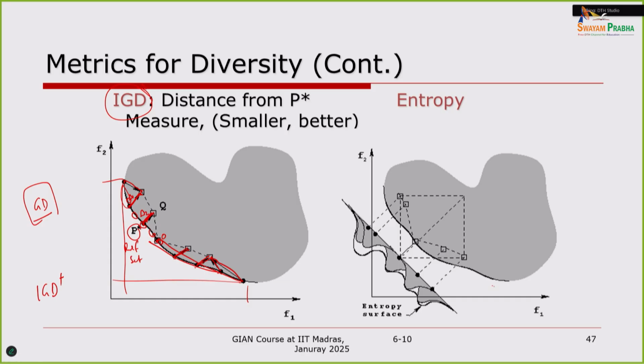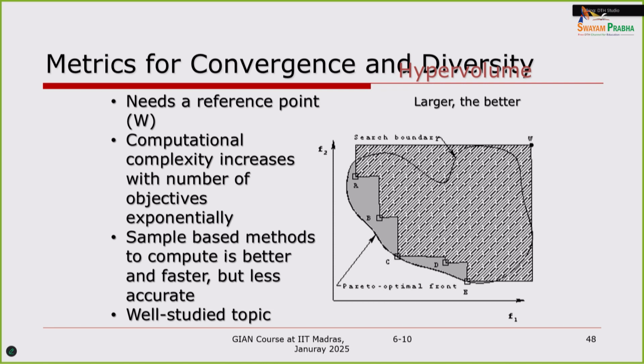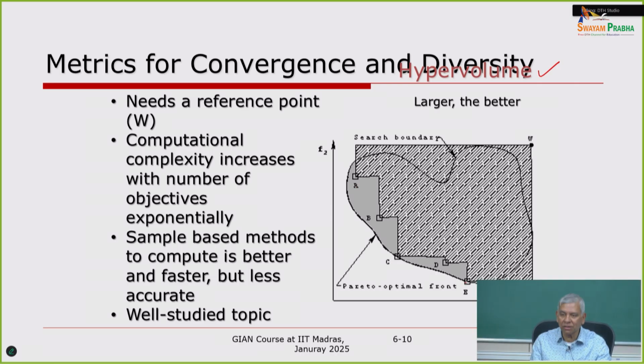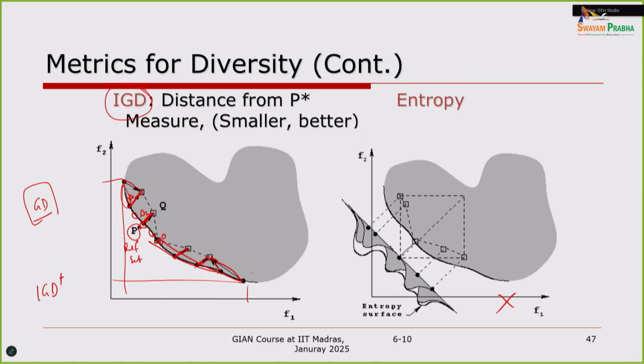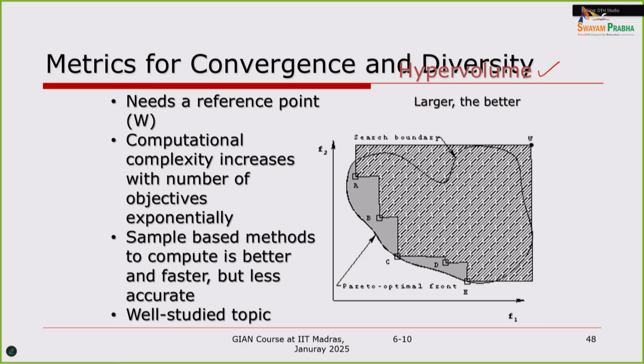There is another, I'm not going to go into this one. This is also most popularly used. It's called hypervolume. What is it? Again, the same set of points that you found with squares. Here is my Pareto set, but in the hypervolume, one of the problems with IGD is that you need to know the Pareto set because the reference set needs to be known. Here, you don't need to know the reference set. Once you have these points, you choose a reference point.